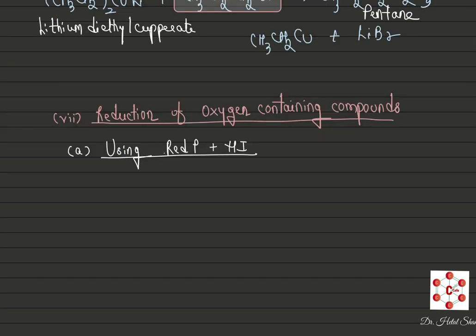See, the next thing that we're talking about is reduction of oxygen-containing compounds. They can be alcohols, aldehydes, ketones, carboxylic acids, anything, using red phosphorus and HI. Now, this is the most versatile system.